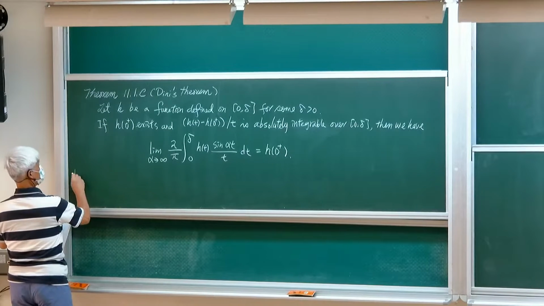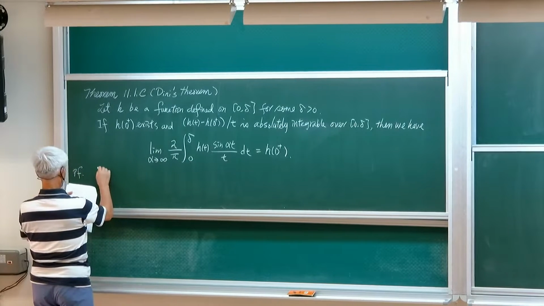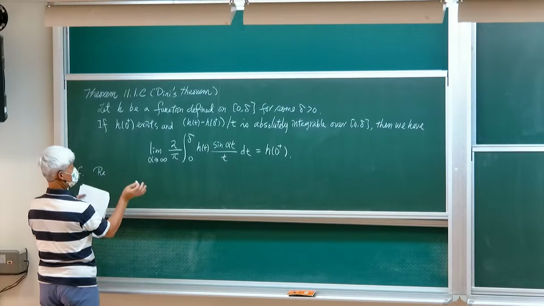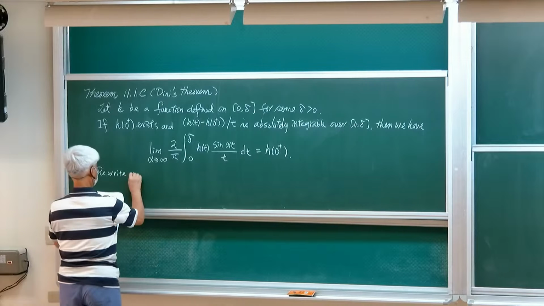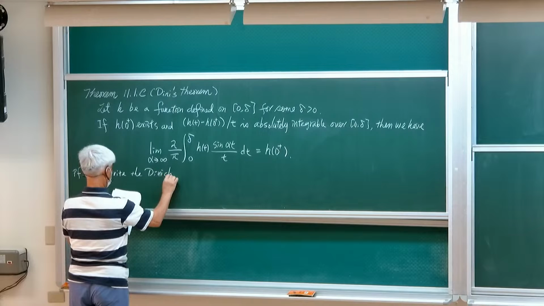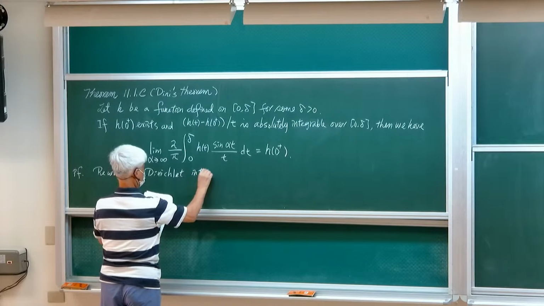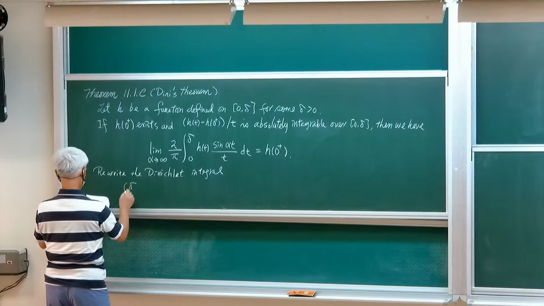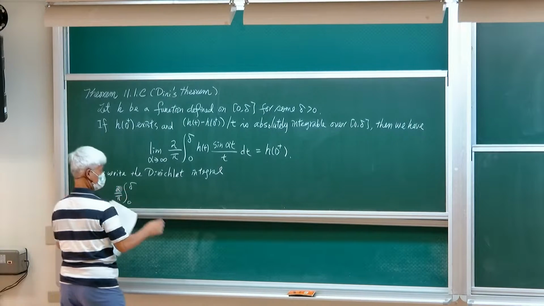All right, so we rewrite the Dirichlet integral in a different form. This integral is from 0 to delta, 2 divided by pi.